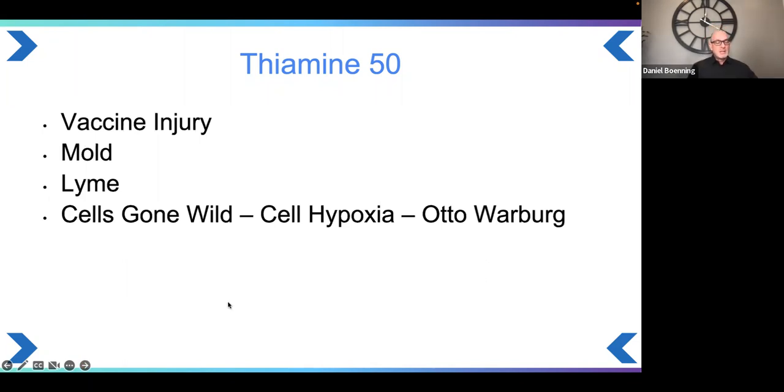So he talks in his book about vaccine injury. He gives very powerful Gardasil cases. He talks about mold injury, Lyme. He even talks about what I call cells gone wild, cell hypoxia, Otto Warburg's work. And he shows cases of using high dose thiamine to wake these people up. They have been beat down energy-wise by fighting mold, fighting Lyme, fighting that injection. And it affected the mitochondria.